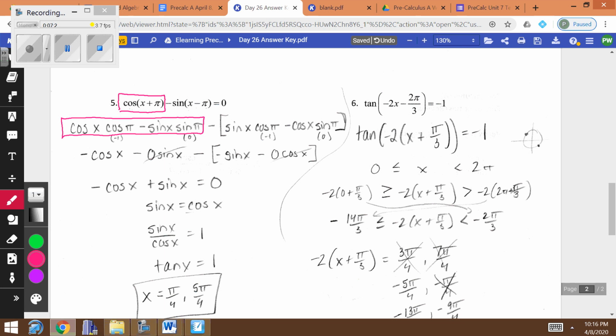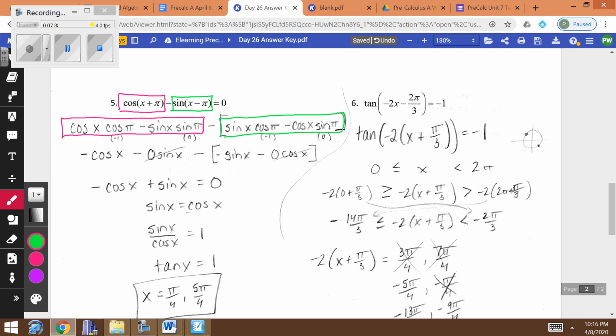So all of that is just straight from an identity. And then minus this one. Again, this is a difference identity that we have. That's this one right here. So this one is sine, cosine, cosine, sine with a minus. Again, that's straight from our identity sheet.